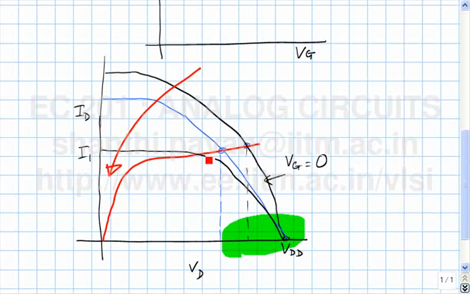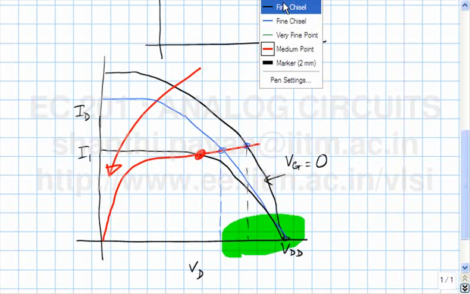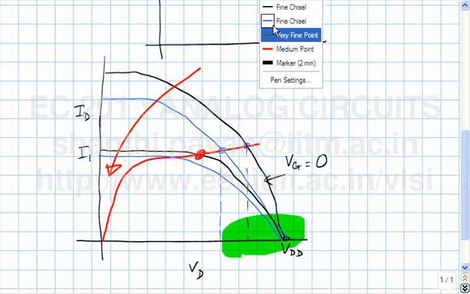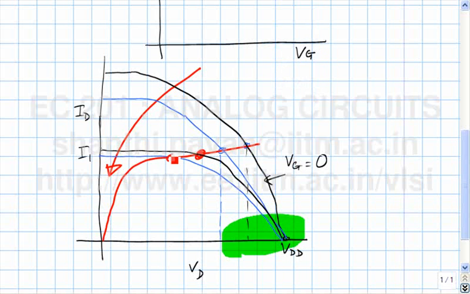in which case the point of intersection will move from here to, originally it was here, okay. Then if I change Vg by an infinitesimally small amount, the current will basically do this. So the point of intersection will move here.